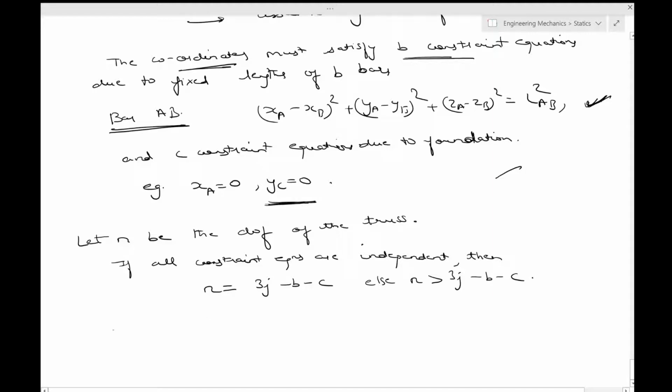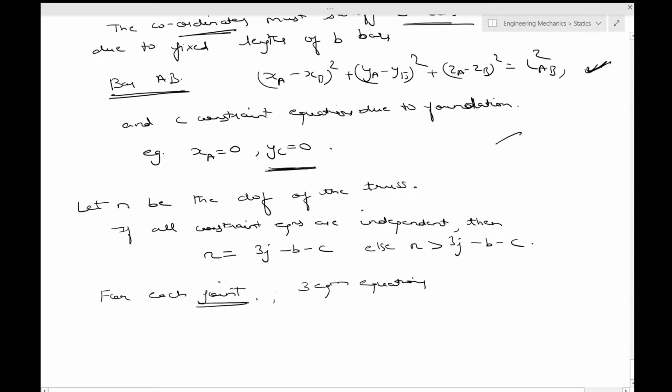So for each joint, and we know when we say joint, it's a smooth pin joint. For trusses, there are three equilibrium equations, one in the x, one in the y, one in the z direction. So for each joint you will have three equilibrium equations.